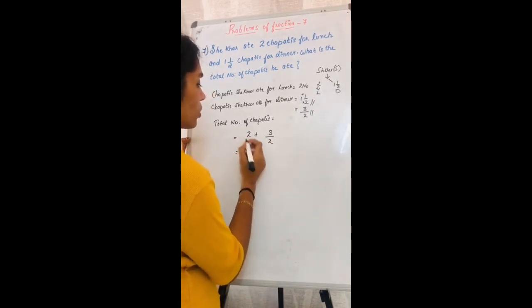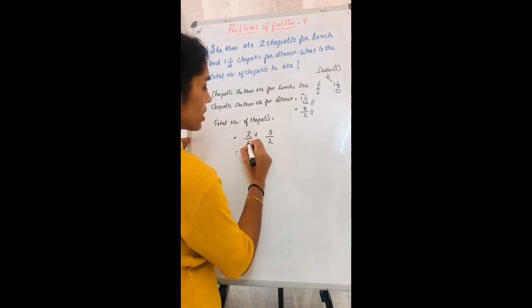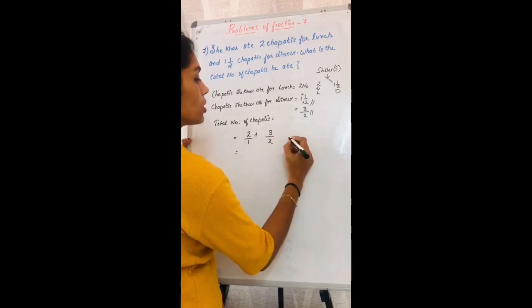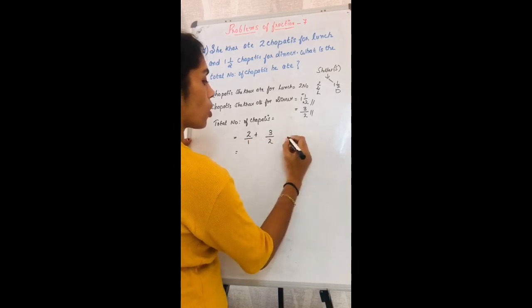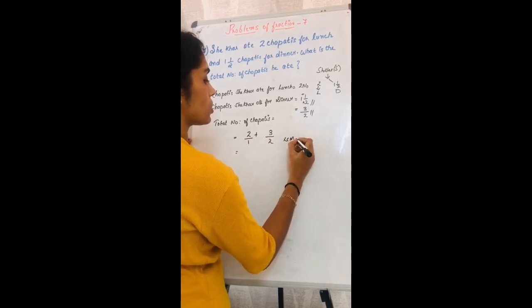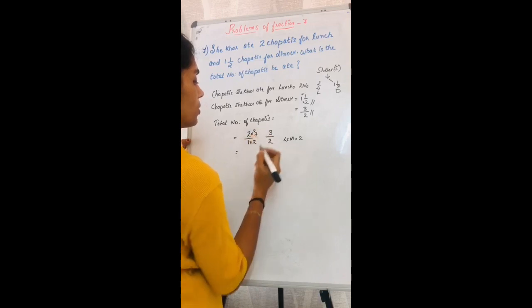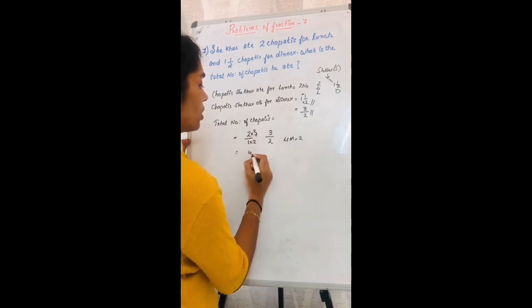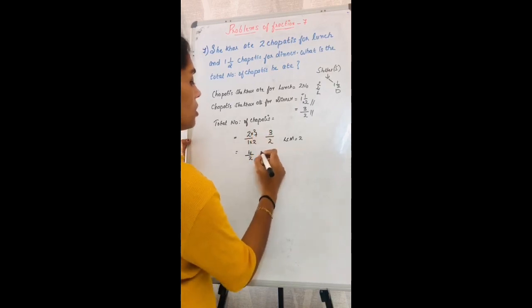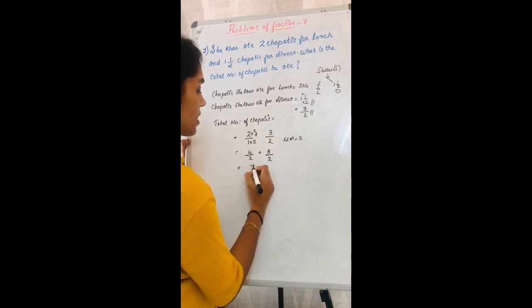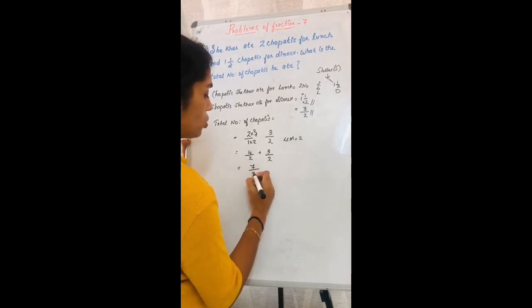When you get a whole number like this, you assume the denominator as 1. Again, what is the LCM of 2 and 1? LCM is just 2. So now you make the denominator the same: here you get 4 by 2 and here you get 3 by 2.